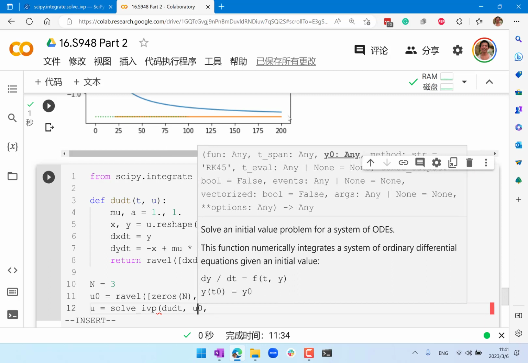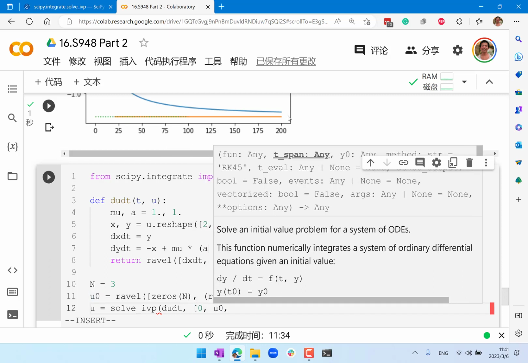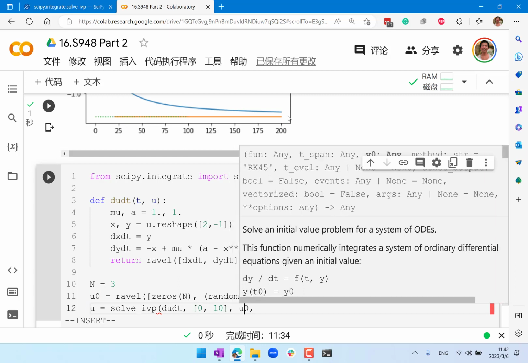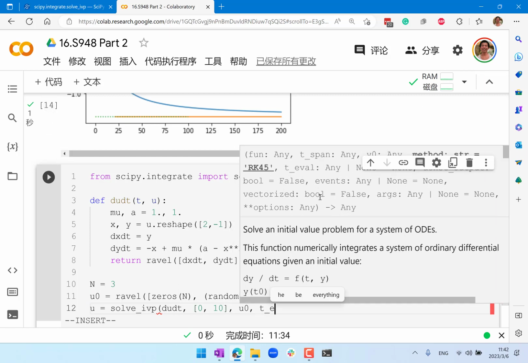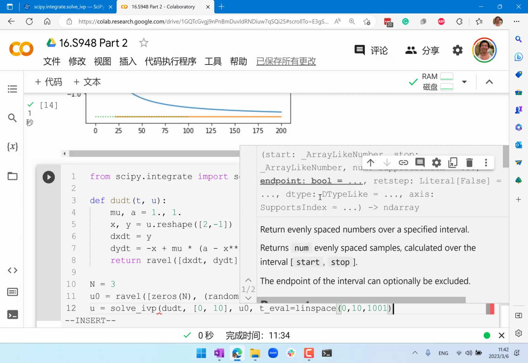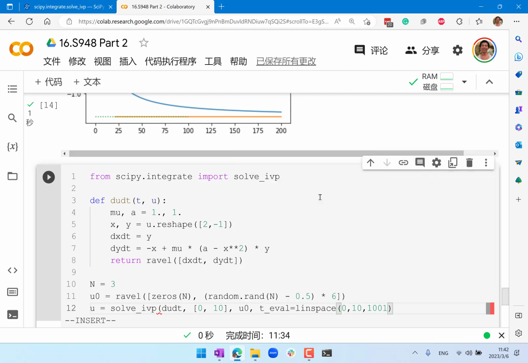Actually, the t span has to be first. Again, let's solve it for 10 time units, and here we'll actually need to provide the t_eval, which would be equal to linspace of 0, 10, and I'll use 1001 time snapshots.